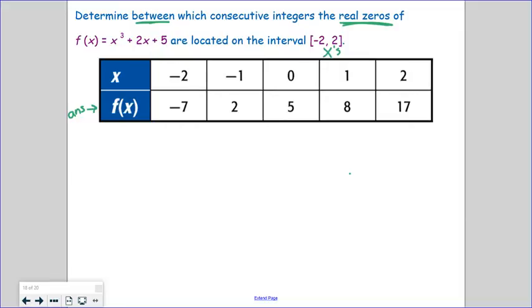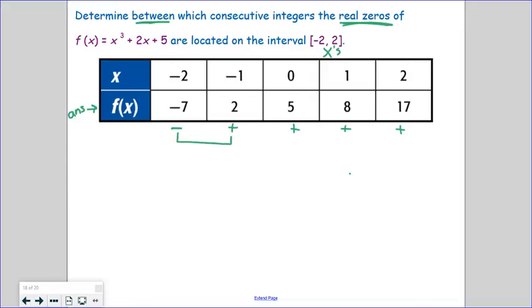Now answering the question, where are the zeros? Where is it going to hit my x-axis? What we are looking for is our answers that switch signs. If I look at the signs of my answers, we've got a negative number, a positive number, positive, positive, positive. We only switch signs one time on this interval, and that would be right there.